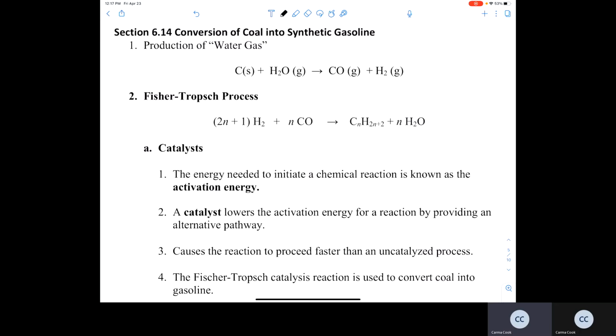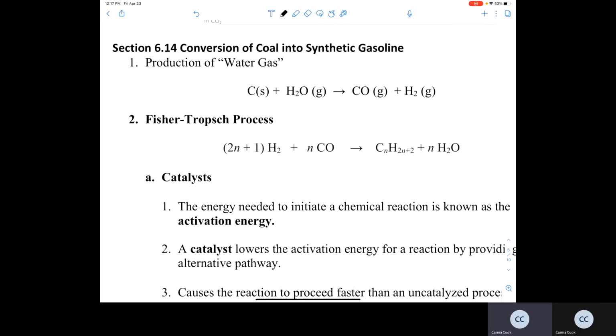The first step of the Fischer-Tropsch process actually involves an old method that was used before the United States' big jump in conversion from coal to petroleum in the 1950s.